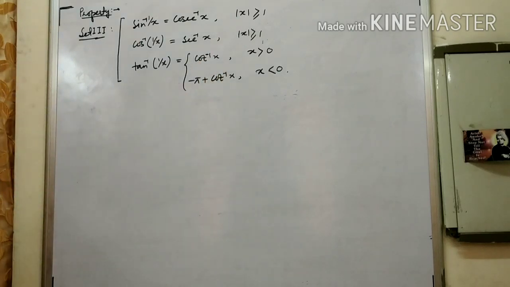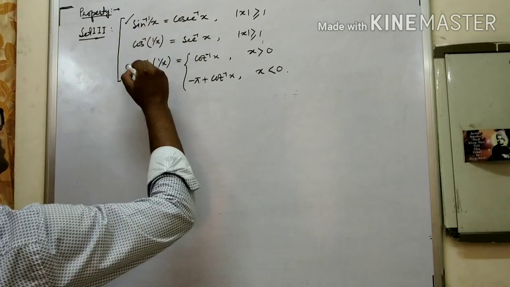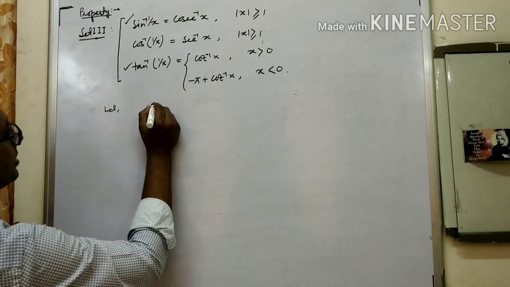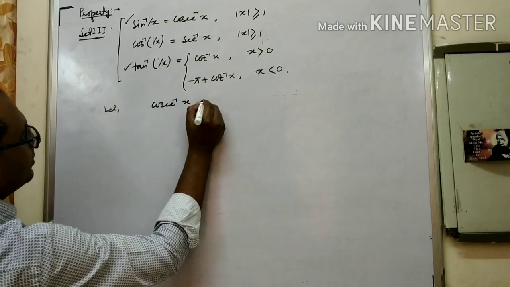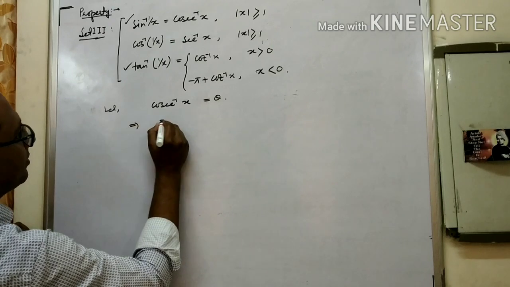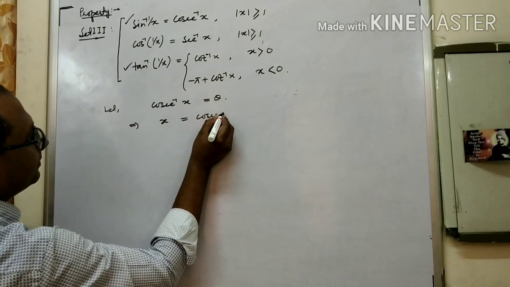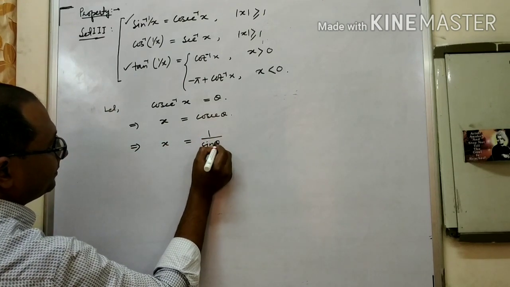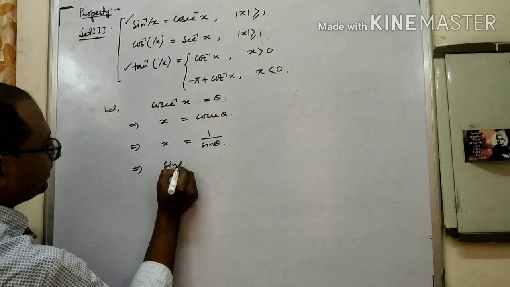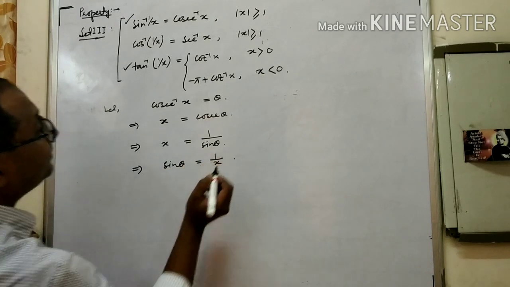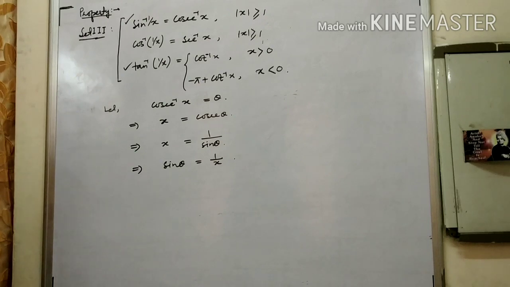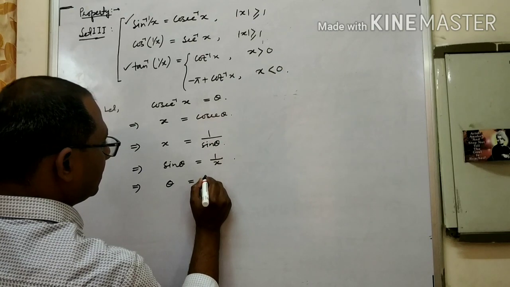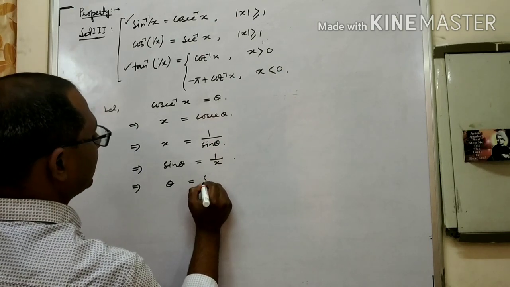So of these three properties, I'll try to prove the first and the third. Let cosec inverse of x equal theta. So x equals cosec theta, so x equals 1 by sin theta. So sin theta will be equal to 1 by x, so theta will be equal to sin inverse of 1 by x.